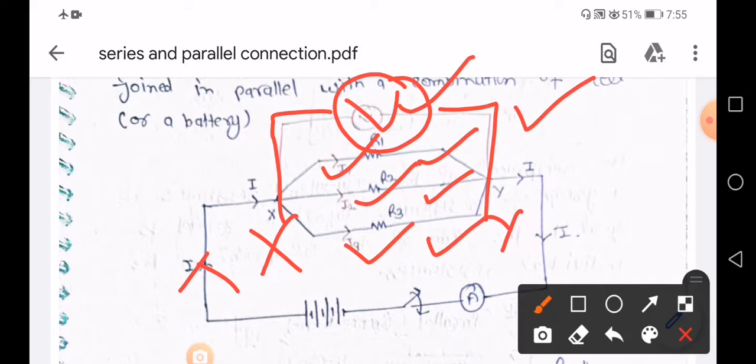What is the meaning? Even if we have different resistors, if all of them are connected in parallel, they all have the same voltage.